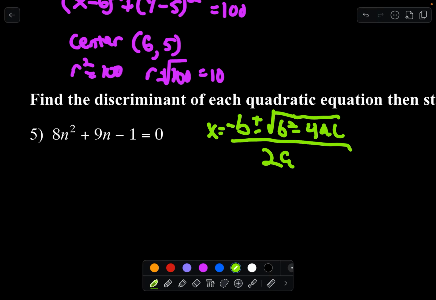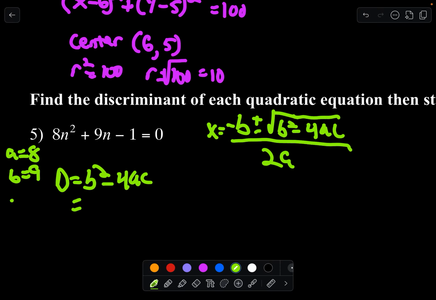The thing underneath the square root is the discriminant. So d is equal to b squared minus 4ac. Now plugging in what a, b, and c are: a equals 8, b equals 9, c equals negative 1.